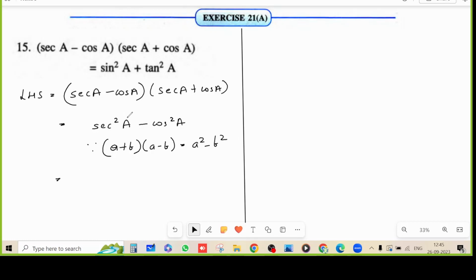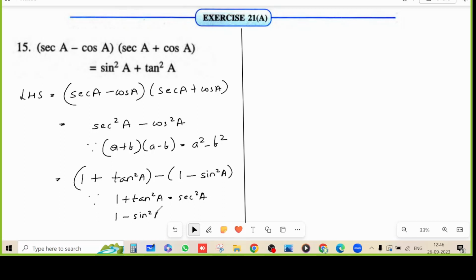Now we can write sec square A in the form of tan square A as 1 plus tan square A, and cos square A can be written in the form of sin square A as 1 minus sin square A. So the identities that we have used is 1 plus tan square A is equal to sec square A, and 1 minus sin square A is equal to cos square A. Now we will open the brackets here.